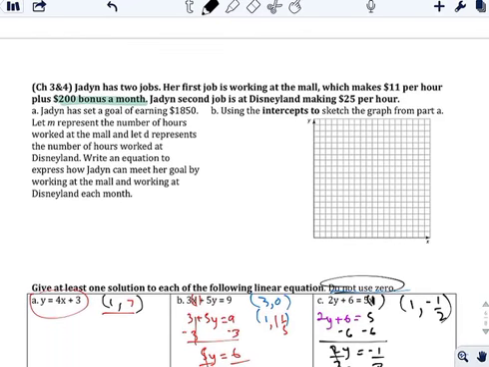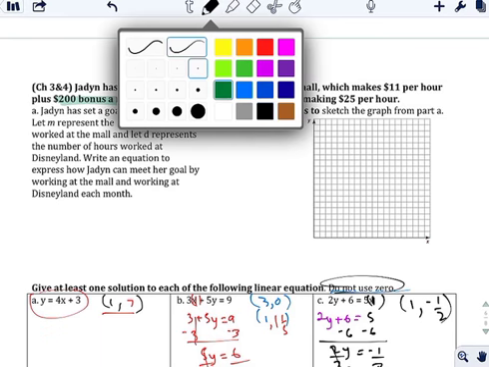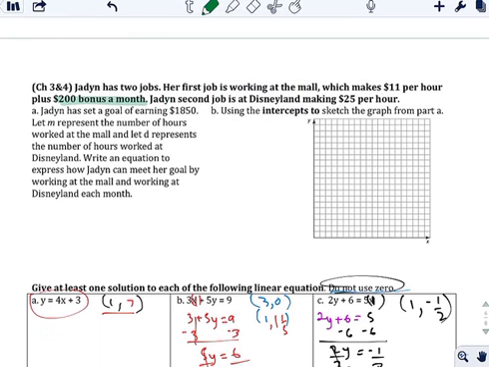Okay, this one here, I think we did this already, huh? Well, anyways, this is 11x plus 25 at Disneyland. What letter do they want me to use? D. And M for this one.